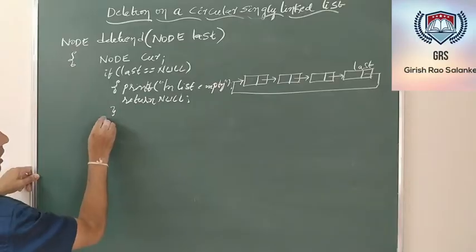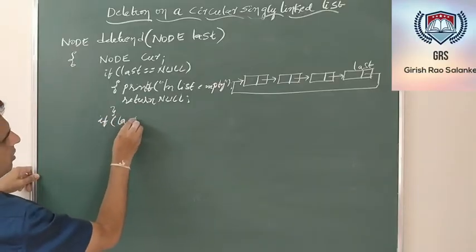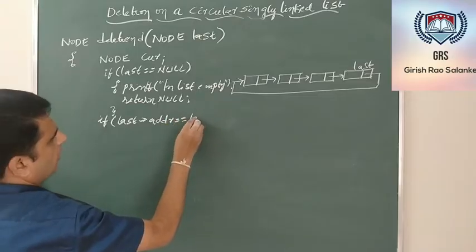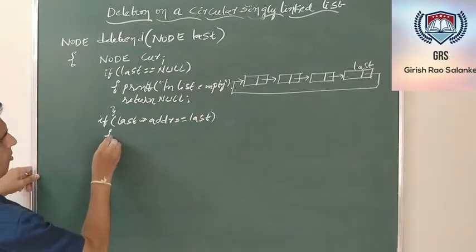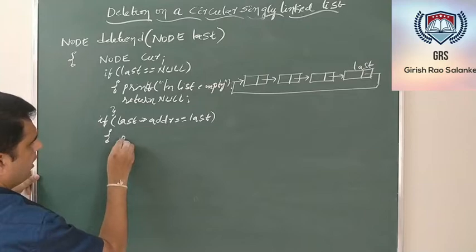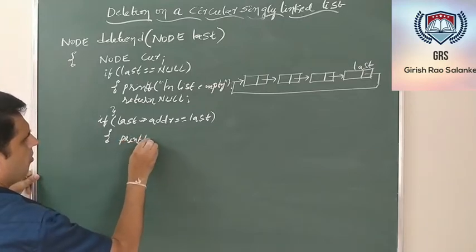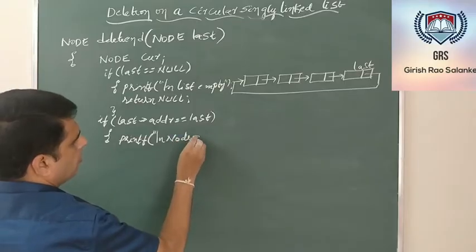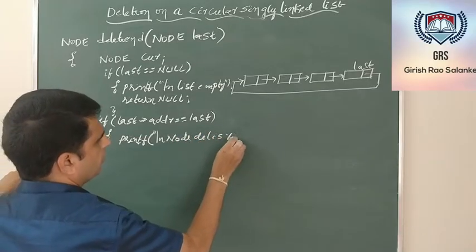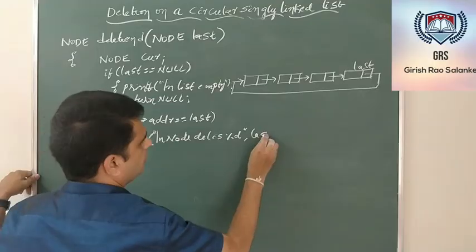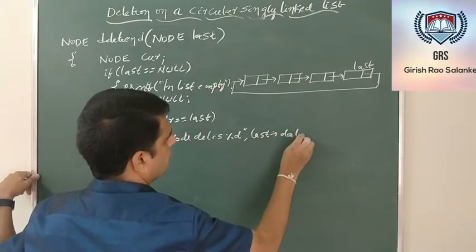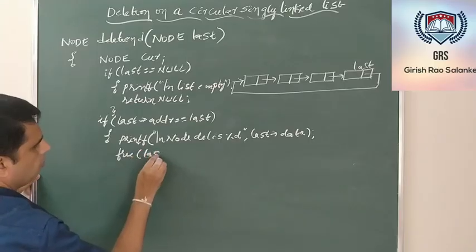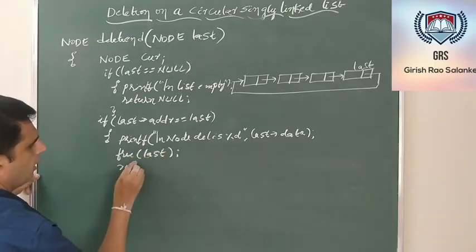The second case would be if last of address is equal to last, printf node deleted is %d, last of data, free last, return null.